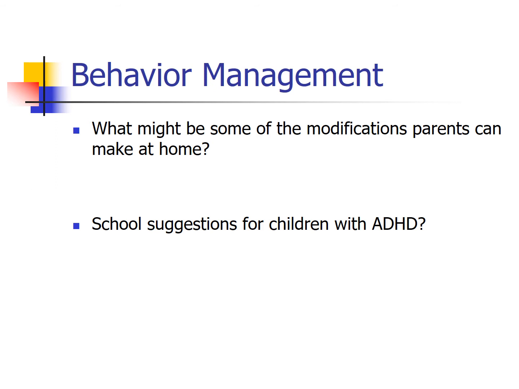So a behavioral cue might be a tap on the shoulder, a reminder of some sort to bring them back into focus. Environmental changes. So how can you decrease distractions so your child can, say, accomplish their homework?